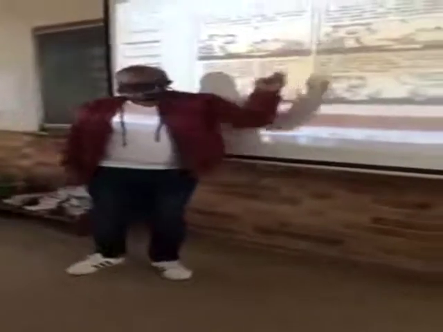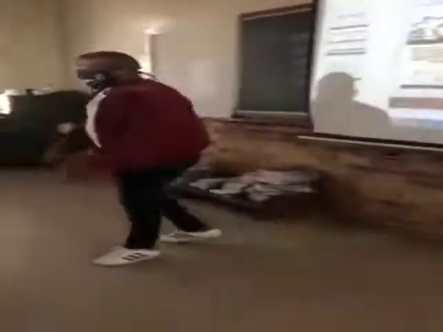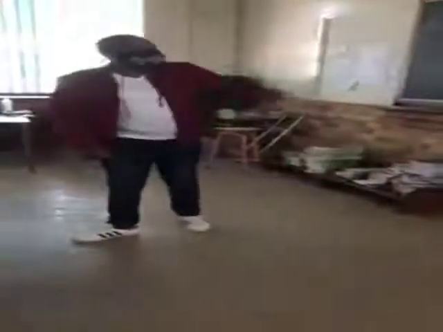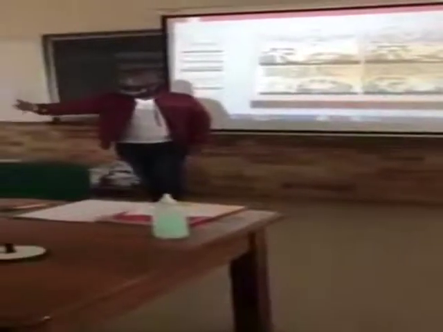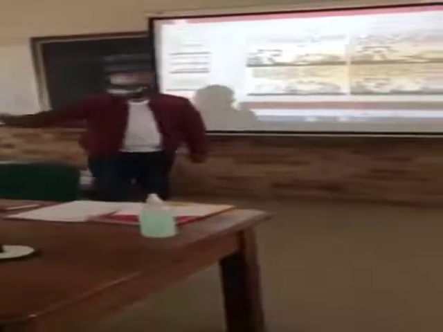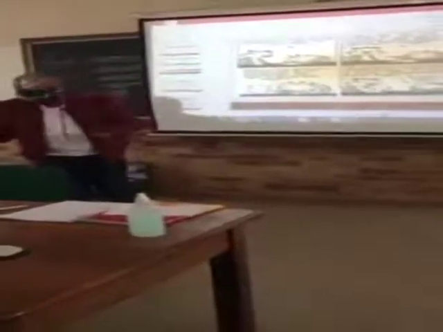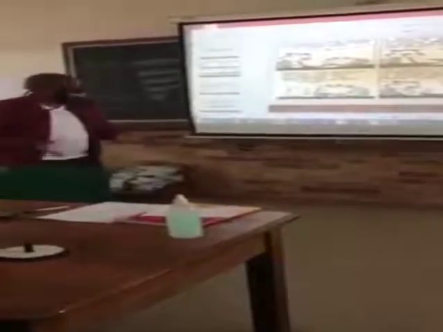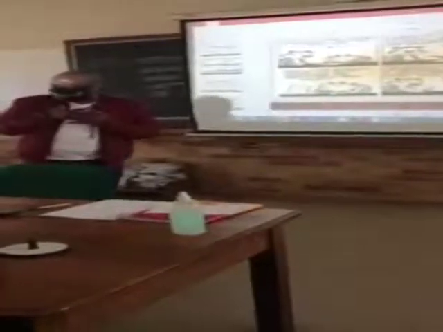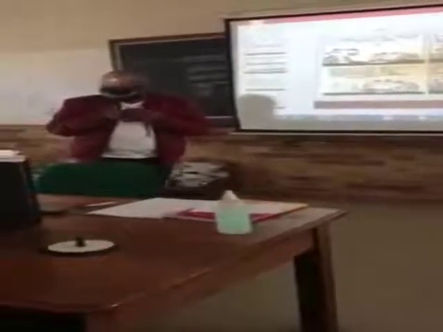Is he shocked? Is he angry? Is he amused? Is he happy? What is the expression, guys? Yes, he's shocked, he's surprised, since he doesn't know what to say. I will also be shocked.